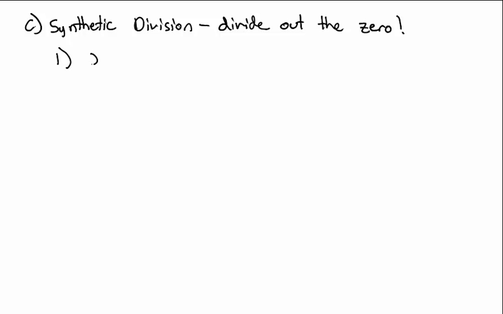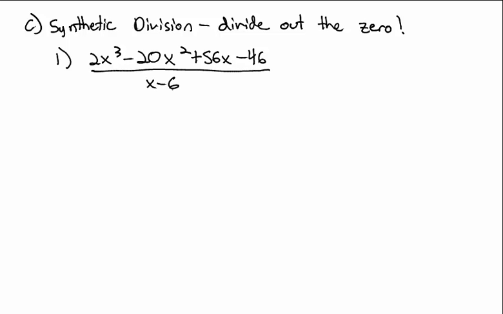In other words, if I'm asked to find 2x cubed minus 20x squared plus 56x minus 46, and we're going to divide out x minus 6, we just need to identify the 0 that's being divided out. Make the denominator equal to 0, add 6 to both sides. That's the number that goes in the corner.